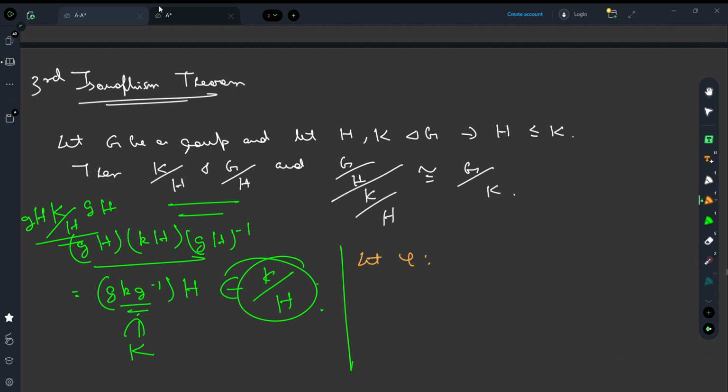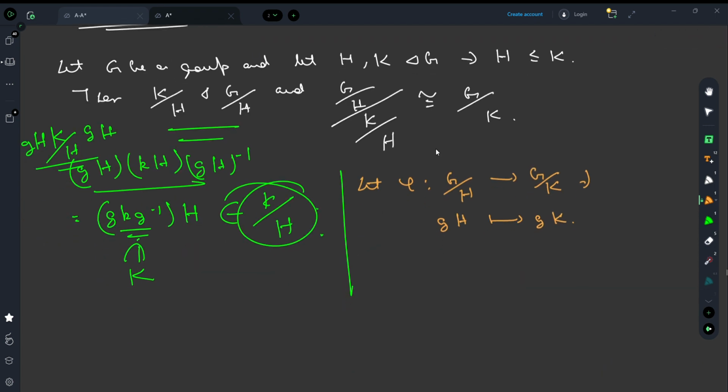So what do we do? Let phi be a homomorphism from G mod H to G mod K such that an element gH is mapped to gK. Again, this is well defined by the structure of how it's given. Is it one-one? We do not need to check it. Let's just prove it using the first isomorphism theorem, because that's the best tool we have. So by the first isomorphism theorem, G mod H by kernel of phi must be isomorphic to the image of G mod H under phi.